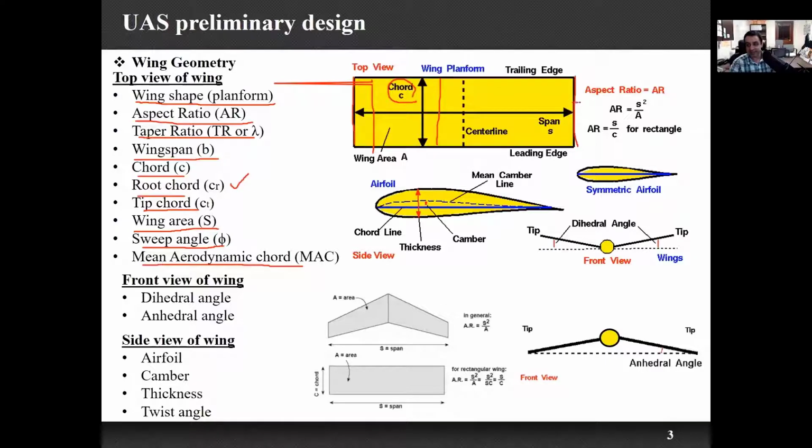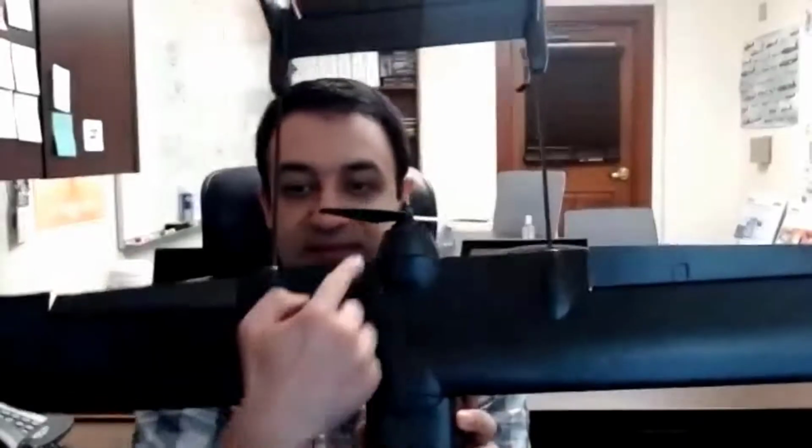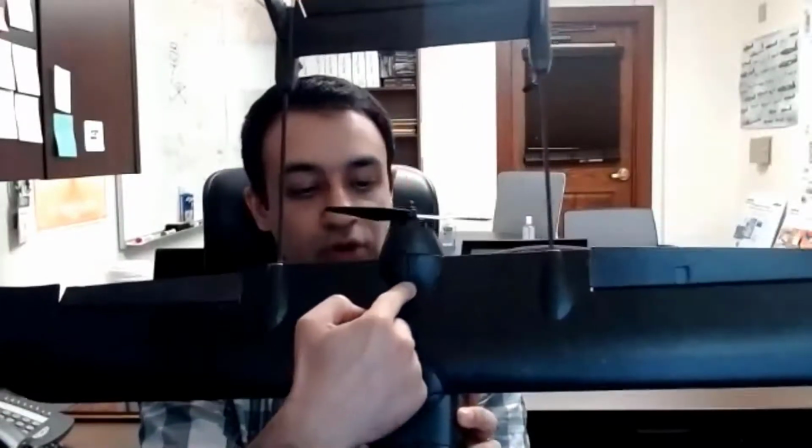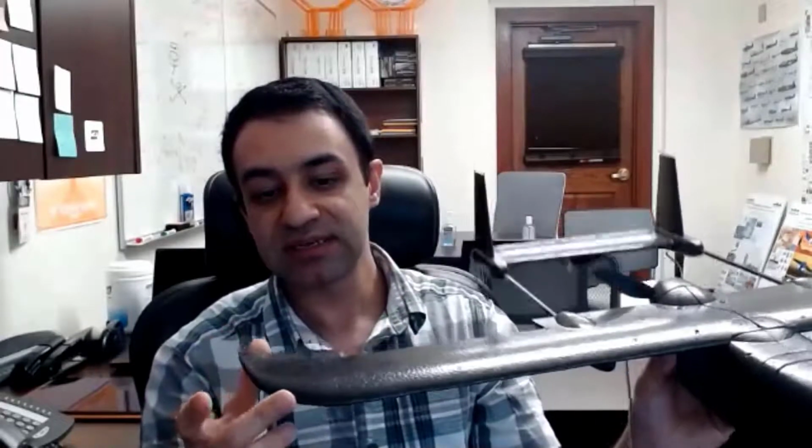The chord length at the end we call the tip chord, which we show with CT. Now at the middle part of the wing, if I separate the wing, actually the wing is attached to the body. In this case, this is going to be a tip chord, this is going to be a root chord, and this part is the tip chord.